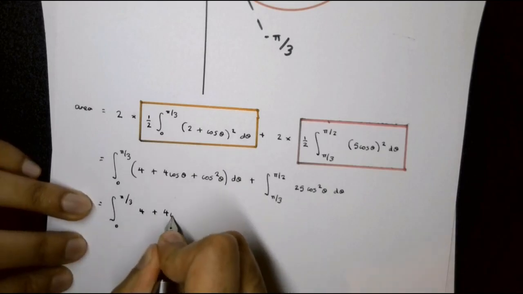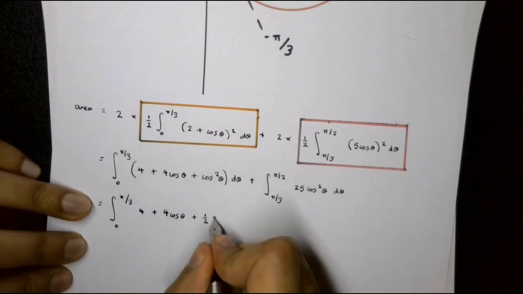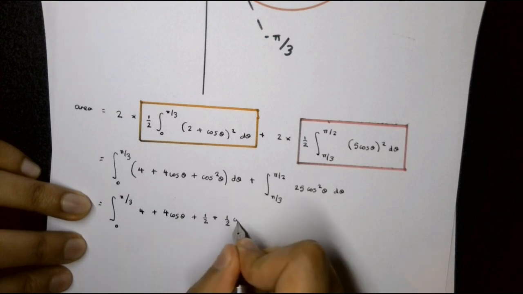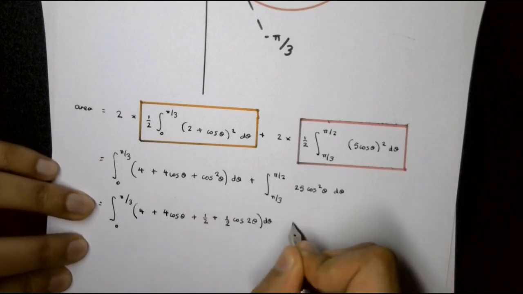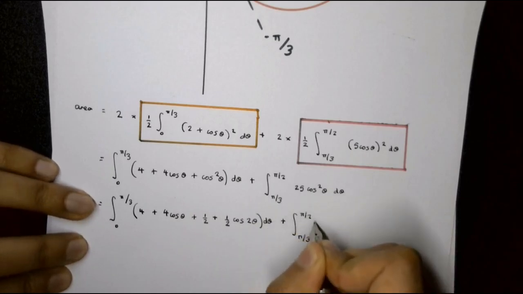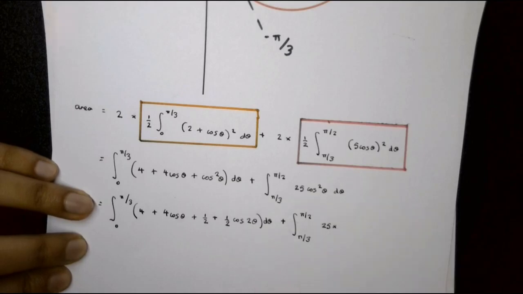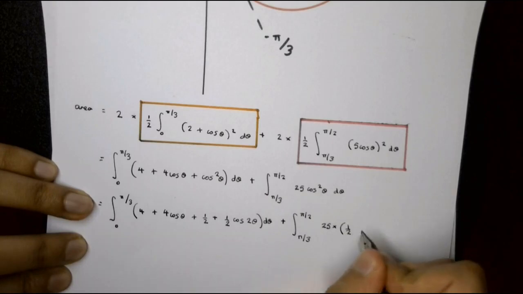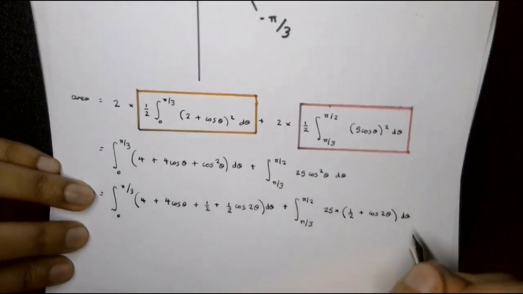We've got 4 plus 4 cos theta plus 1/2 plus 1/2 cos 2 theta d theta, and then we've got this pi over 3 to pi over 2 of 25 times by 1/2 plus 1/2 cos 2 theta. So that is what cos squared is. And don't forget we've got the d theta as well.